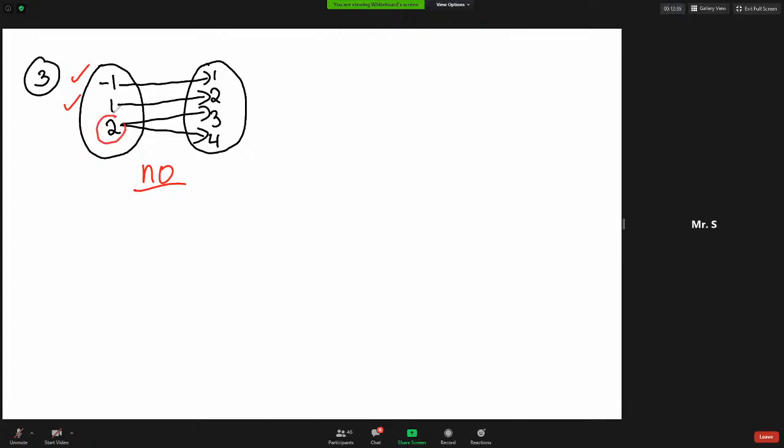But as soon as there is at least one element in the domain that has 2 correspondences, that goes to 2 elements in the range, that breaks our definition. So that would not be a function because the element 2 corresponds to element 3 and element 4. So this is not a function. Are we okay now on this definition of a function?